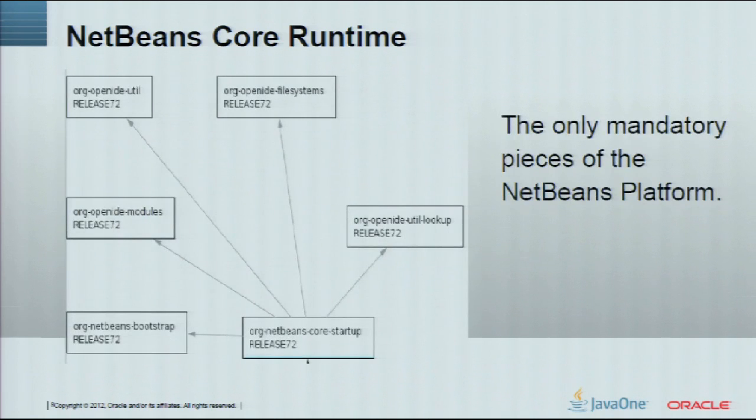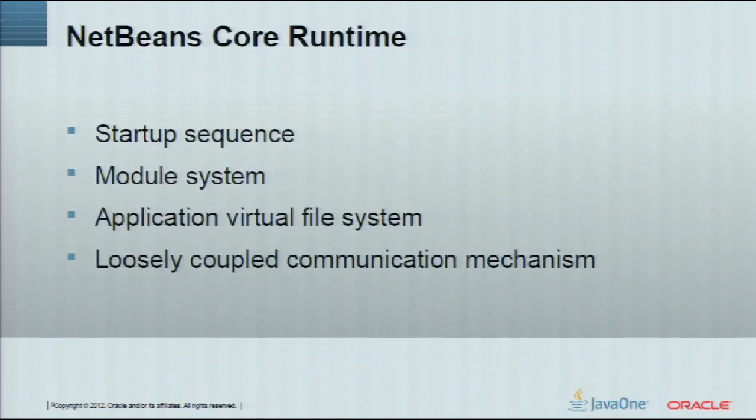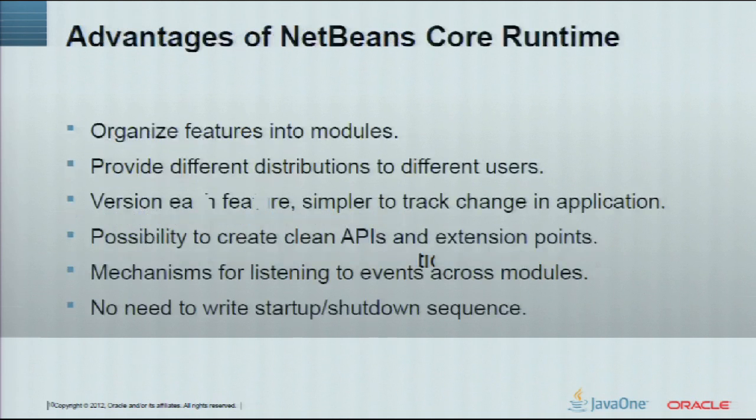This is, again, this lowest level, concerned with things that any application needs and solves these particular concerns in a standard manner. So here's a list of advantages of the NetBeans core runtime. The fact that there's a module system means that you can organize features in the application into different containers.